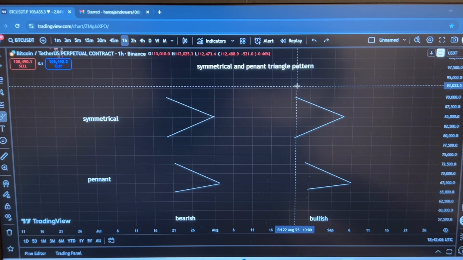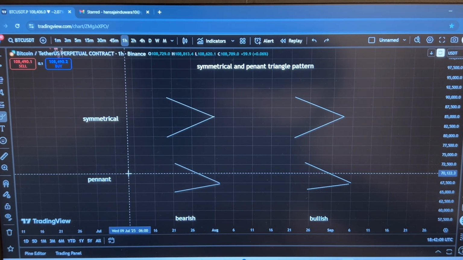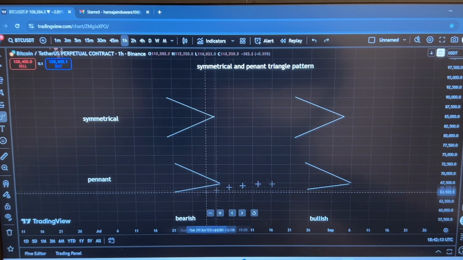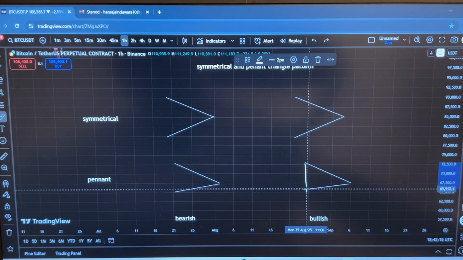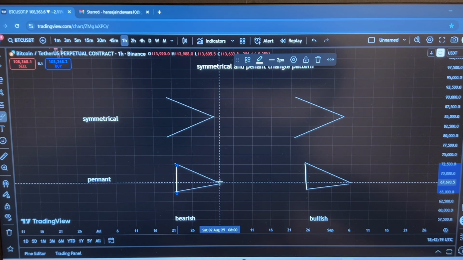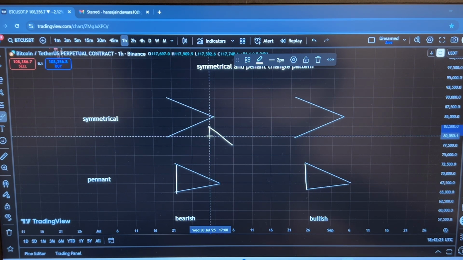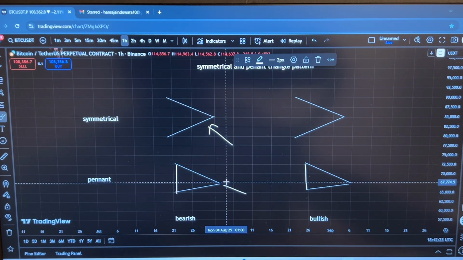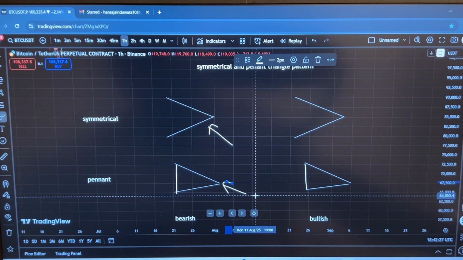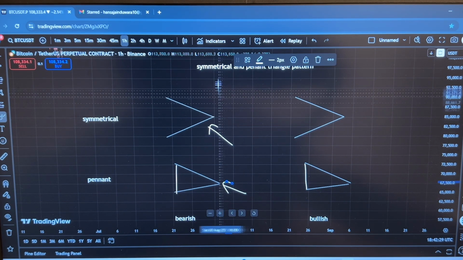That's a no-brainer. But when it comes to pennant patterns, these two trend lines do not make a symmetrical triangle. So this is symmetrical, and this is not a symmetrical triangle. It's an asymmetrical triangle.